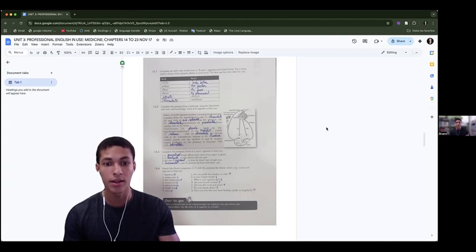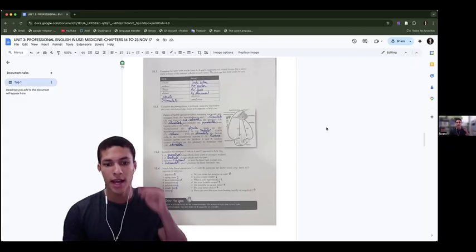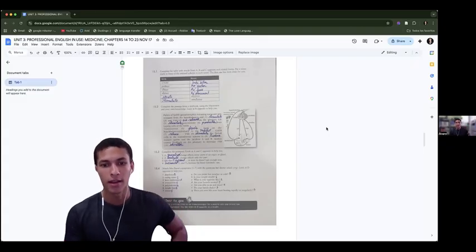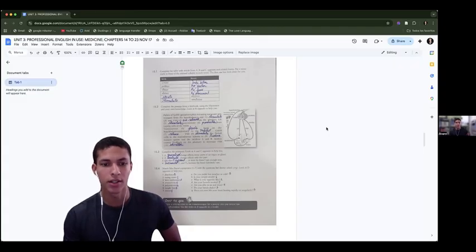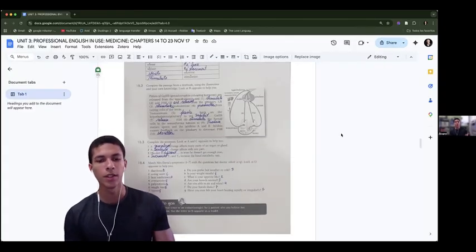FSH stimulates the Sertoli cells in the seminiferous tubules to produce mature sperm, and the inhibins A and B. Inhibin causes feedback on the pituitary to decrease FSH secretion.